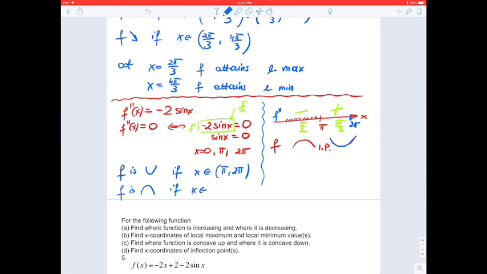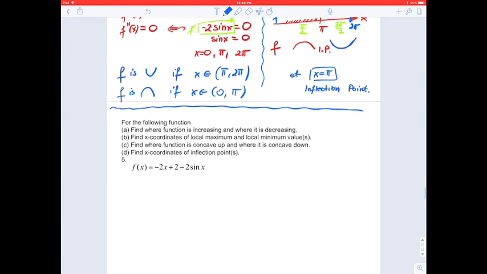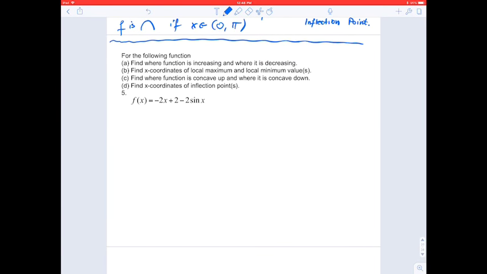And then function is concave down if x is from 0 to pi. Really good. And of course at pi the function has an inflection point. Okay, it's a really nice function.